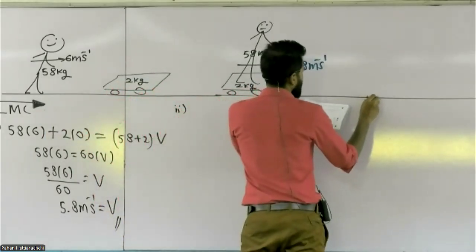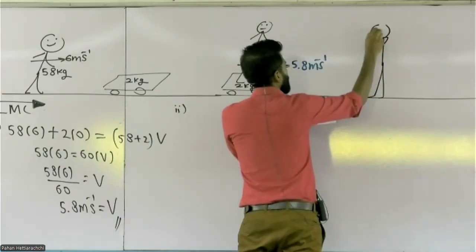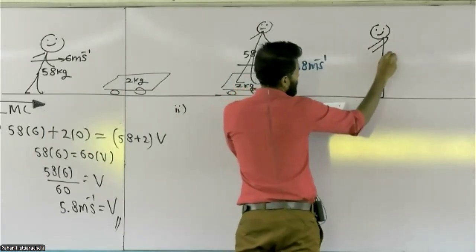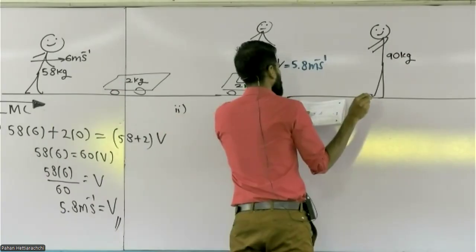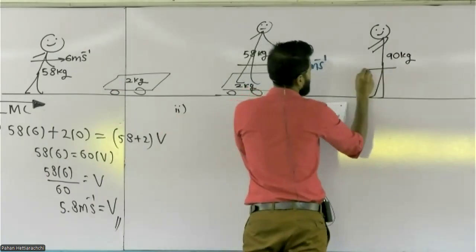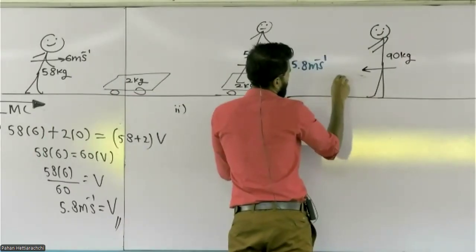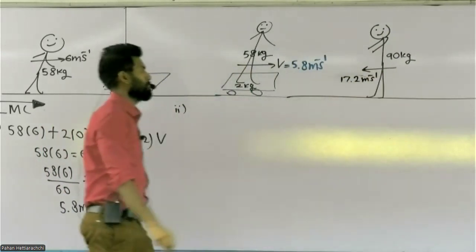He's not on a trolley. He's just running on the ground in the opposite direction to meet this one. His mass is 90 kilograms, and he has a velocity of 17.2 meters per second. And he's in a head-on collision with the first athlete and the trolley.